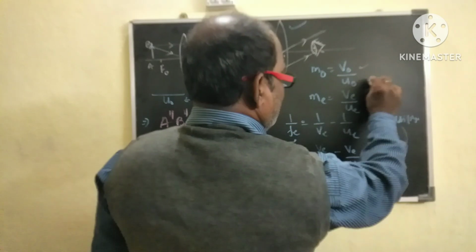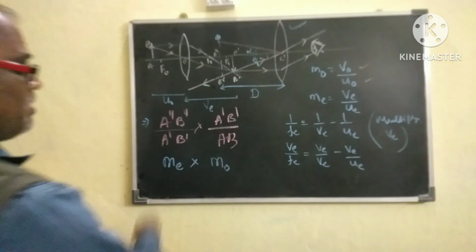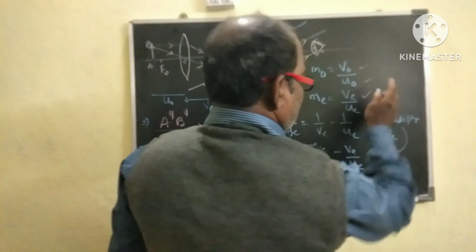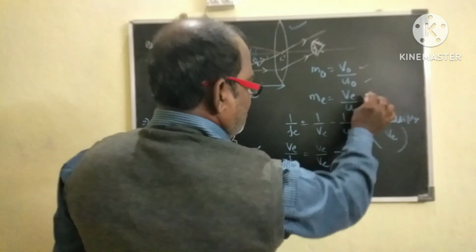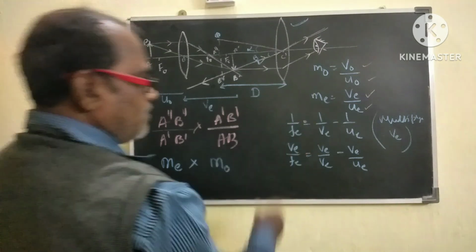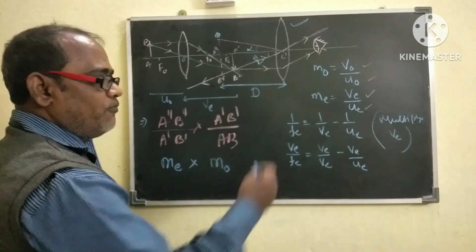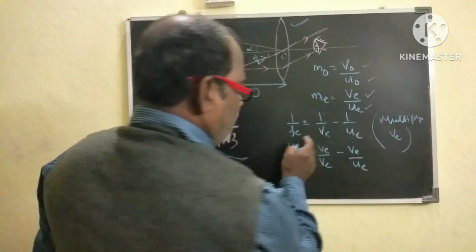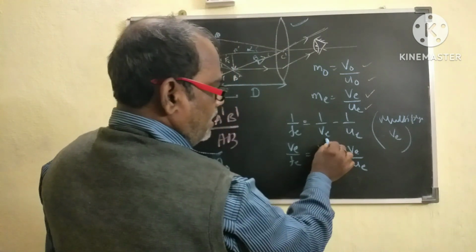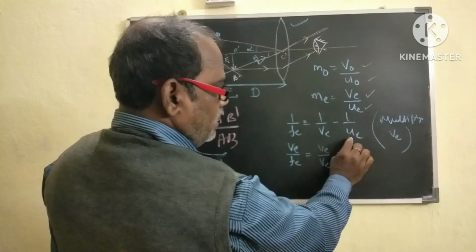We also know that the magnification due to the object lens can be written as the image distance by the object distance, and the magnification due to the eye lens can be written as the image distance by the object distance for the eye lens. Now we have already defined the lens formula: 1 by Fe for the eye lens is equal to 1 by Ve minus 1 by Ue.